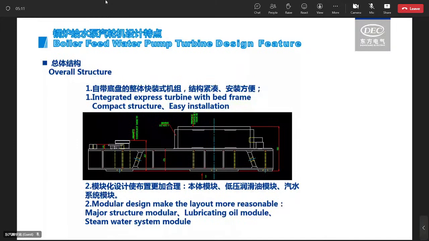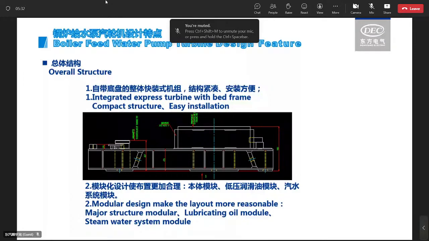Now let's take a look at the overall structure.